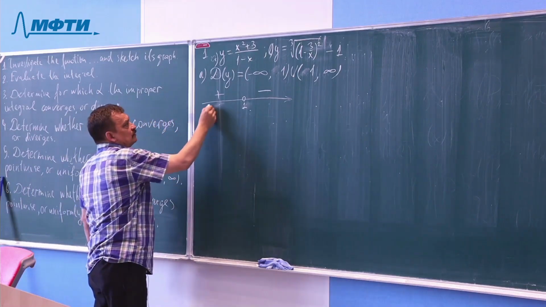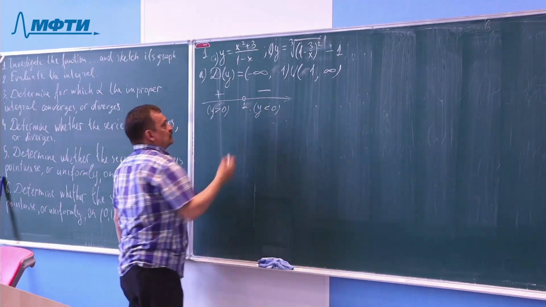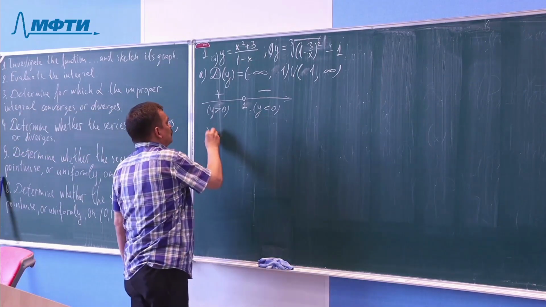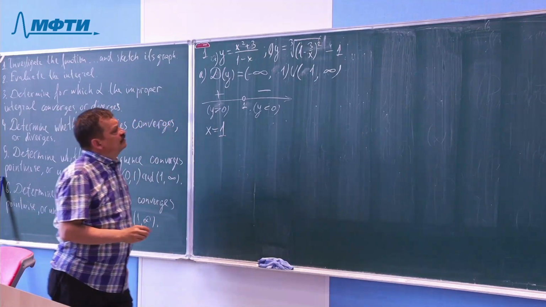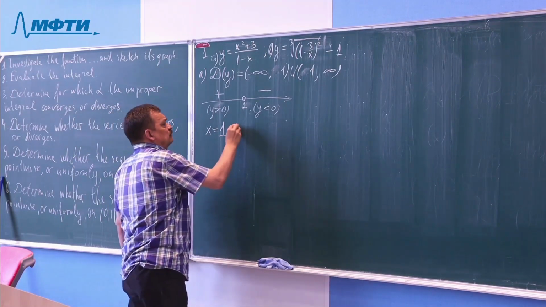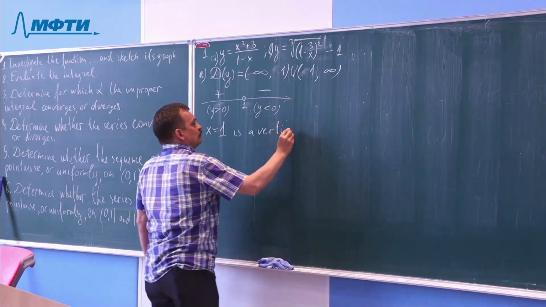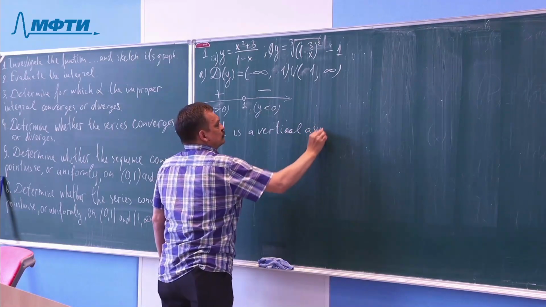So here y is positive, y is negative. And also, we can indicate that x equals 1 is a vertical asymptote.